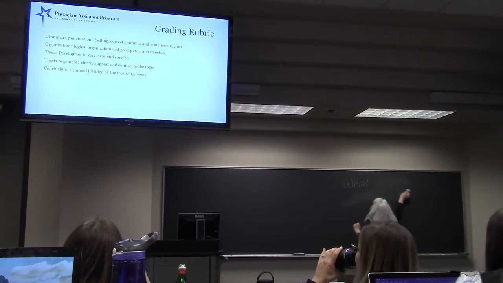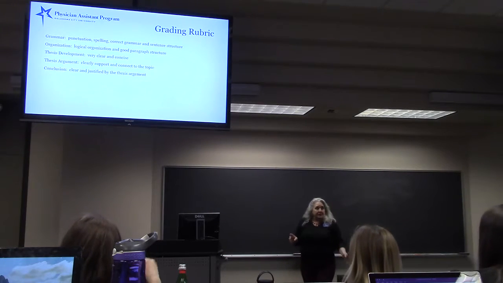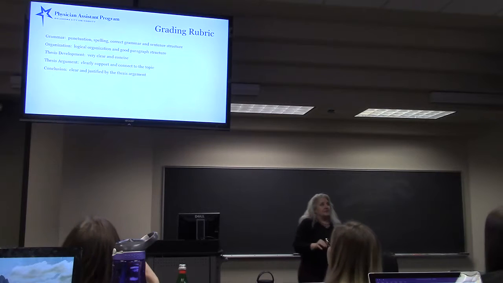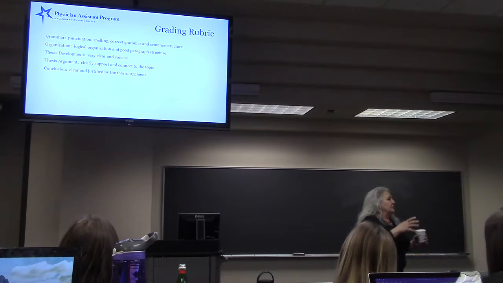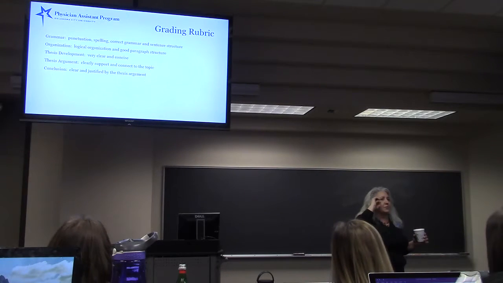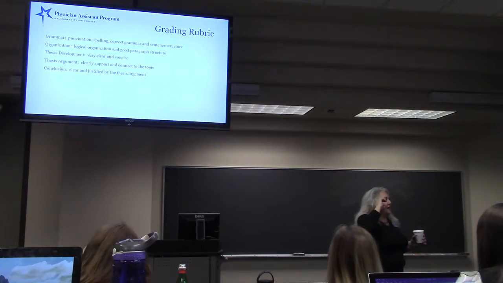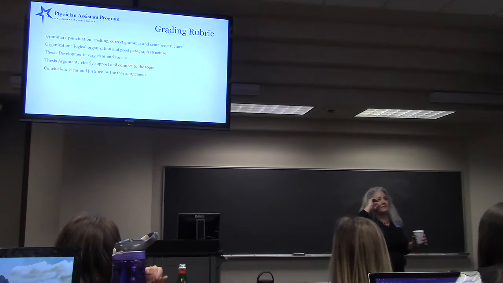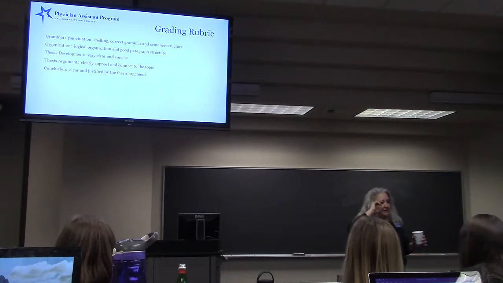Okay, so, grammar, usage, organization, thesis development, thesis argument, and conclusion. Also, use your words wisely. Don't use the thesaurus that you have in your head that doesn't align with Roget's, because I use Roget's, okay?